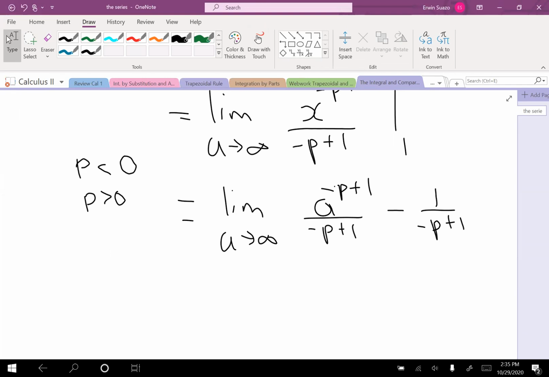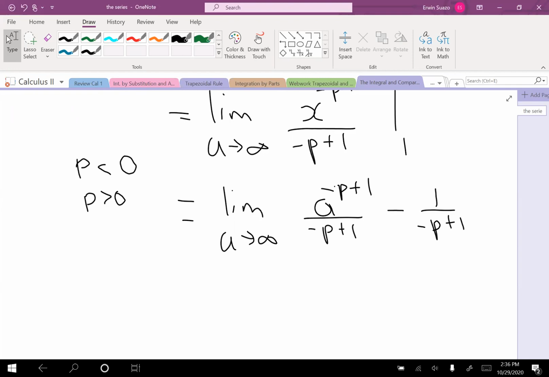You should see another problem with p. p cannot be what? p can be 1 or not? It has to be greater than 1.